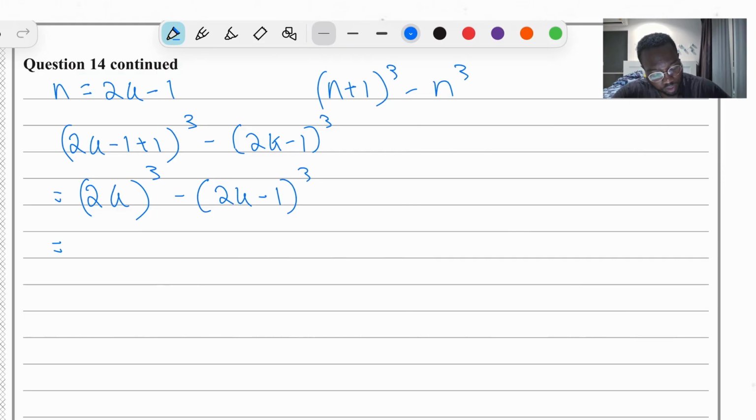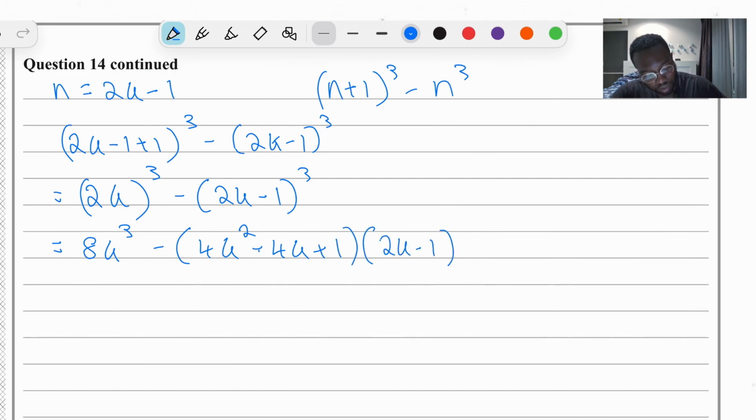Okay, so when we solve this, we will get 8k cubed minus 8k cubed minus 4k squared, then minus 8k squared plus 4k, and then plus 2k, and then minus 1.